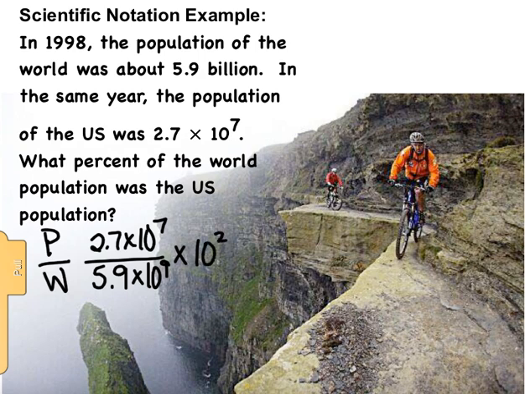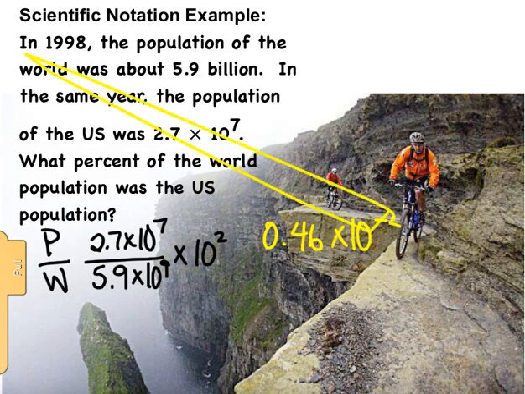In order to do this, we need to divide our numbers first, which I am going to round to the nearest hundredth, and we get 0.46 times 10 to the negative 2nd. But to put it into percentage, we're going to multiply by 10 to the 2nd, which means right here we really get 10 to the 0 power, which is just 1. So we have 0.46%.